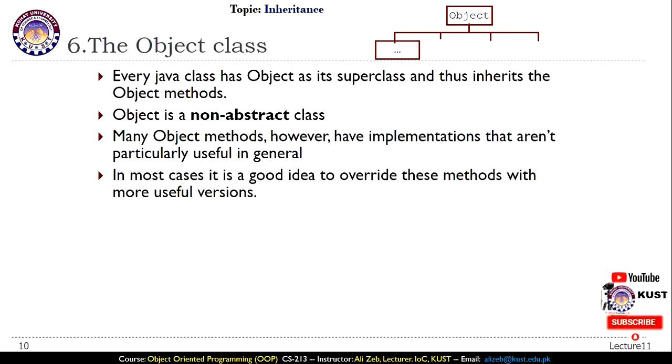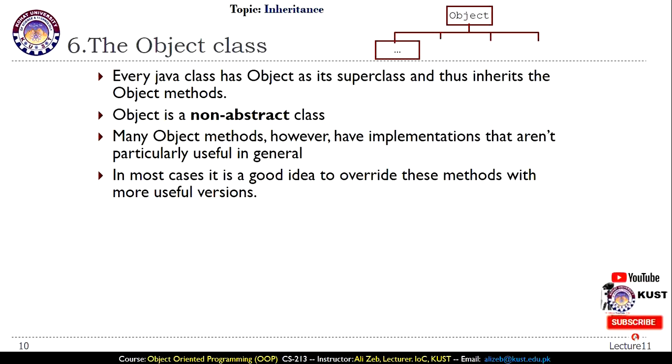When we use the toString method, the toString method is declared in the object class, and what we do is we inherit that method, we override it in our subclasses, and we add something of our own liking to that method. So we use it to display the details of an object in the format that we prefer.